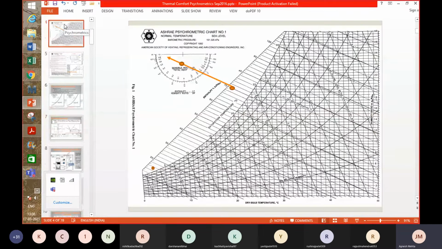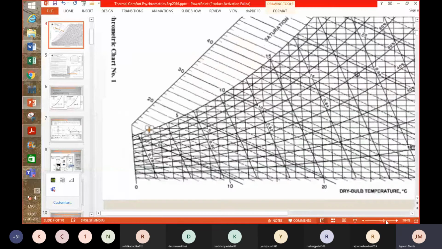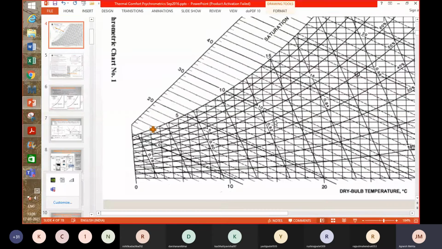It was somewhere here, this point, 2 degrees Celsius saturated. Right, it is this point, and from that you are going for sensible heating. So it's a horizontal straight line that you are drawing from this point up to 40 degrees Celsius.